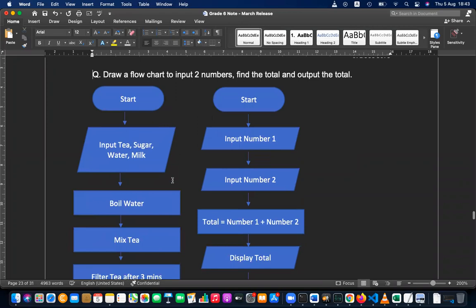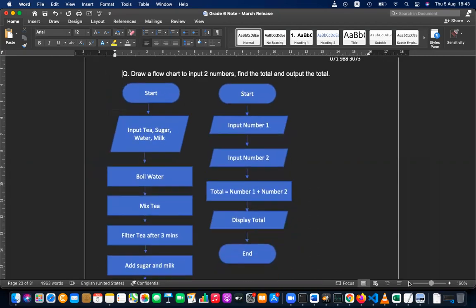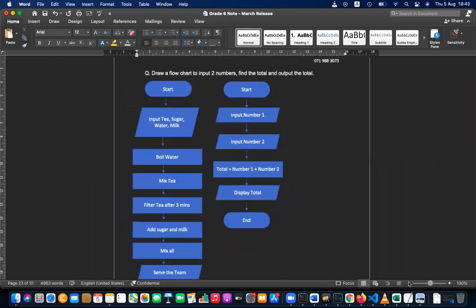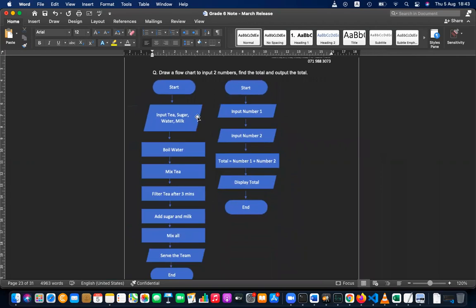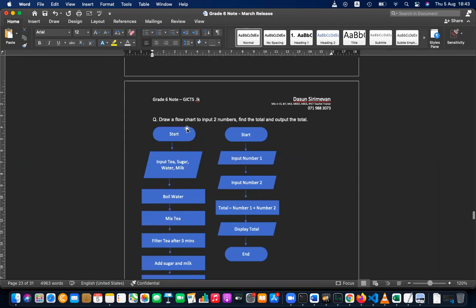I have given an additional thing also. So think about how to add numbers, and there is another one given, which is lengthier. So you don't need to look at the one on the left side.